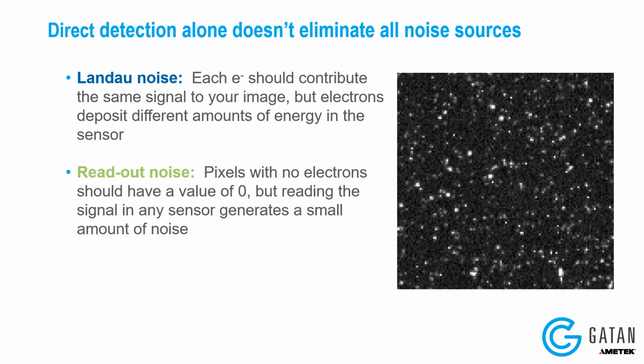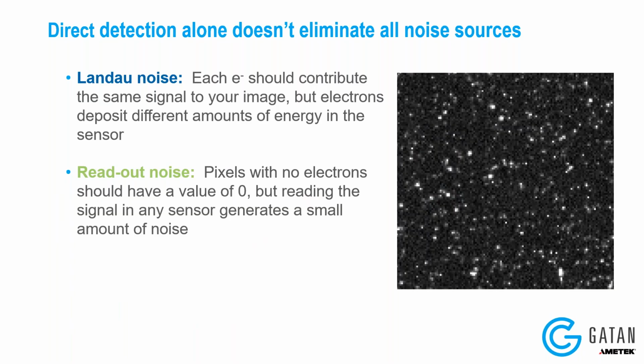So this is when, ideally, each electron should contribute the same signal to your image. One electron should give you 1 electron worth of signal in your final image. But in reality, electrons deposit different amounts of energy in the sensor. So 1 electron may deposit a lot of energy, as you see some of these larger, more intense spots in this image, and some electrons might deposit less energy.